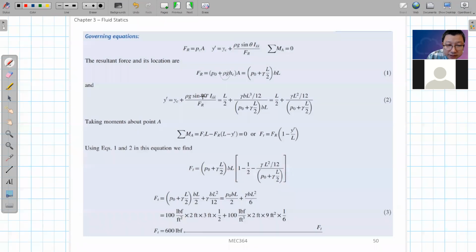Theta now is 90 degrees, okay? And I_XX is equal to B times L cubed divided by 12, when we talked about the second moment of area earlier. And this is divided by F_R, given here. So this is how we calculate Y prime.